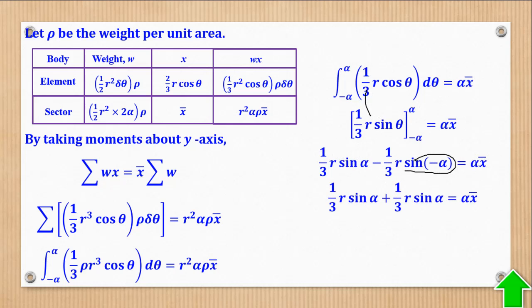Sine of a negative angle is equal to negative sine of that positive angle. That's why here it was minus, but because of this negative sign, it becomes positive here. Collect like terms to give you this. Then make x bar the subject, and that's what they wanted.